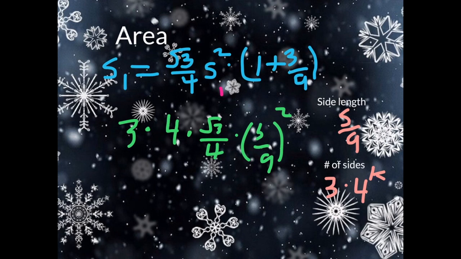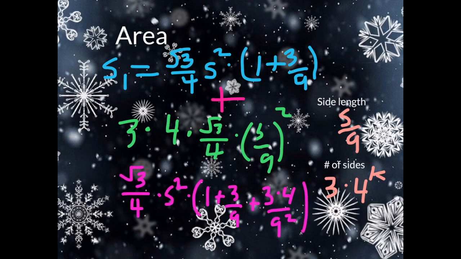Adding this to the first iteration we get, as you can see, there is a pattern emerging, where after each iteration's area, another 4 is multiplied in for the number of sides increasing, and another 1/9 is multiplied in because after each iteration, the side length is 1/3 the previous and 1/3 is squared.